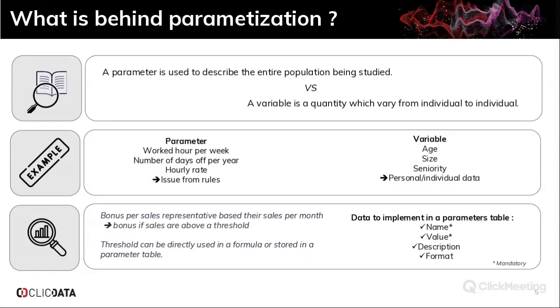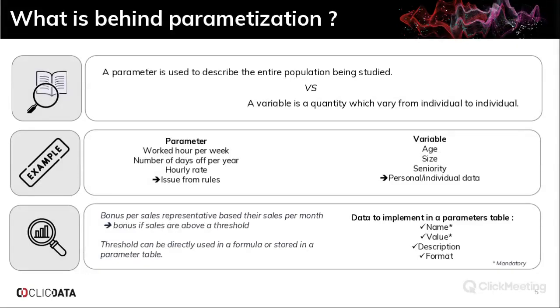what do we have? In parameters, for example, we have worked hours per week. It will be the same value for all the different employees. It will be the same case for the number of days off per year.